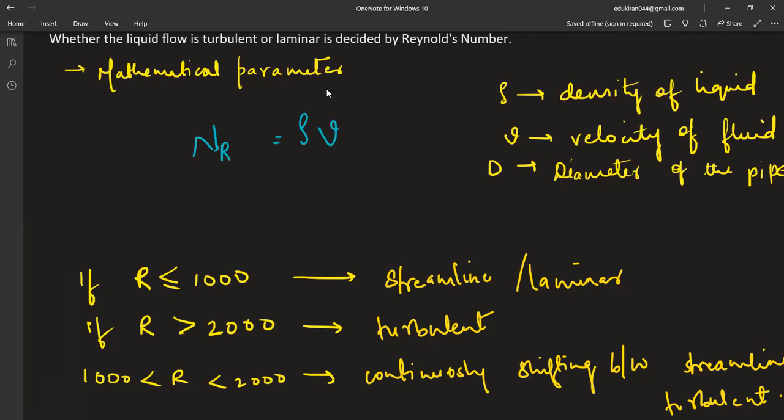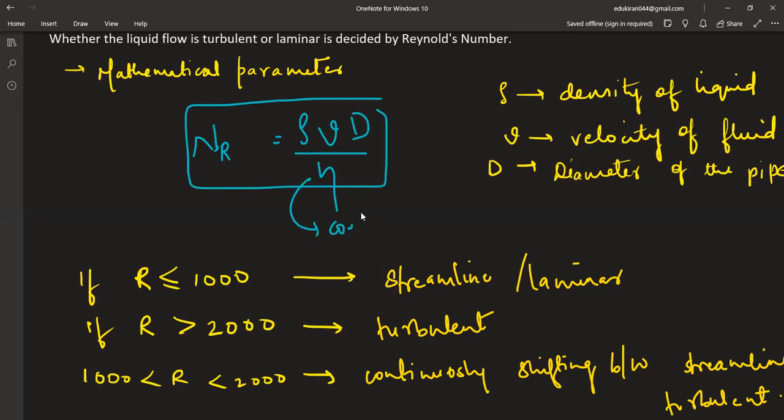This is the velocity of the fluid flow. This is the diameter of the pipe divided by coefficient of viscosity. This eta is the coefficient of viscosity.